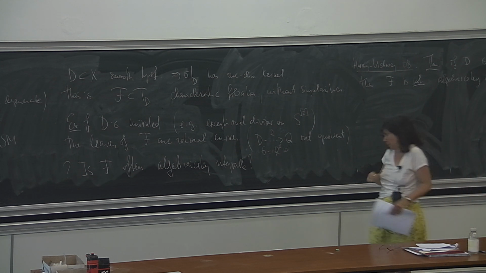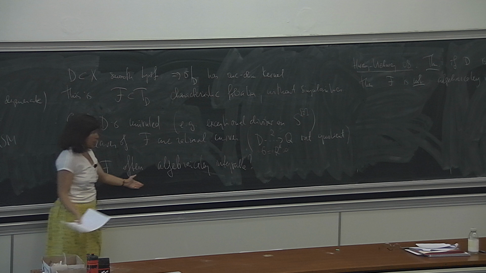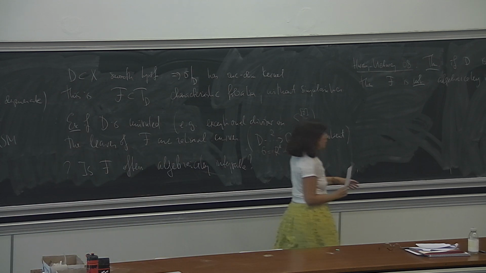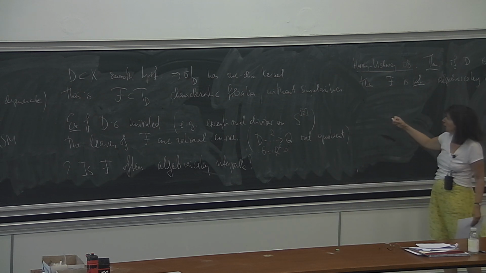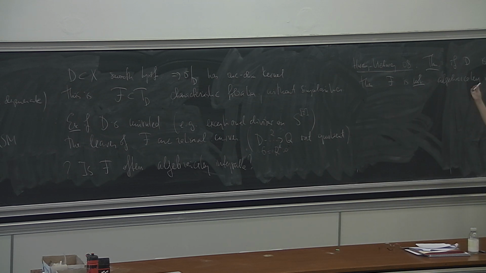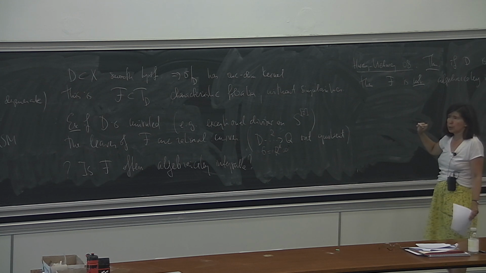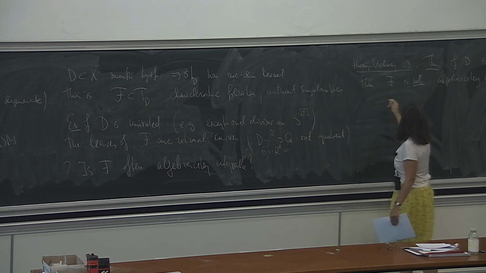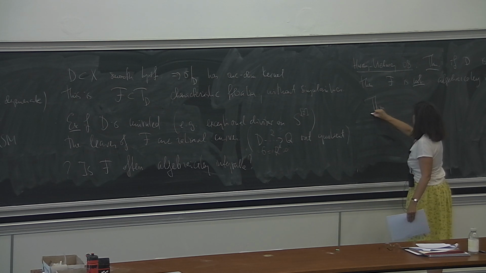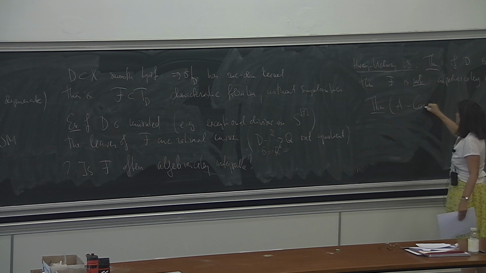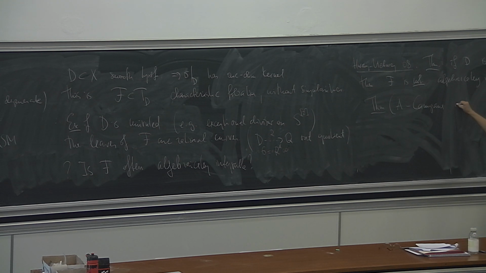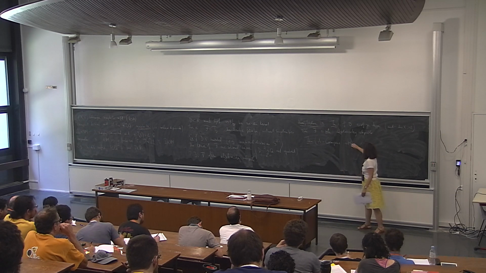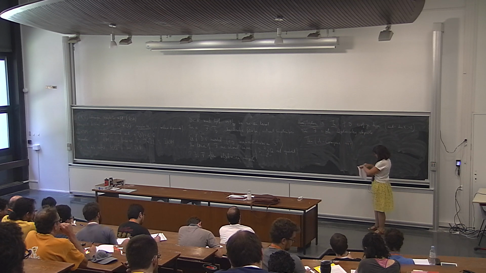So if D is uniruled, F is algebraically integrable. If it's of general type, it's not. It's natural to ask what is in between. We answered this question with Frédéric Campana in about 2014 or 2015, I don't remember.